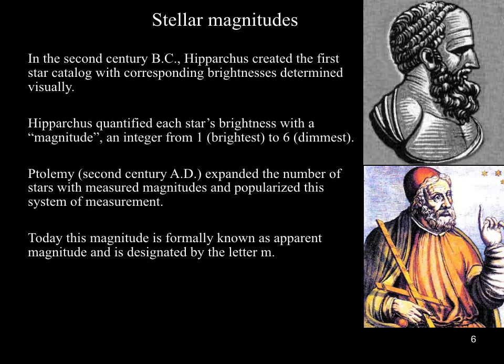There is another magnitude scale that we use in astronomy, and that is absolute magnitude, different than visual magnitude. This absolute magnitude is based on how bright a star would appear to be if all stars were at a common distance of 10 parsecs.